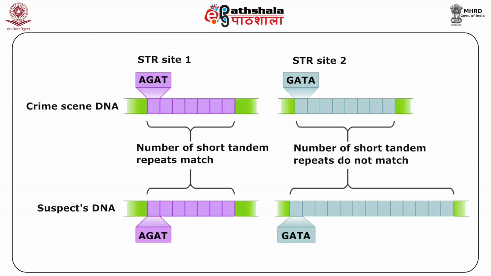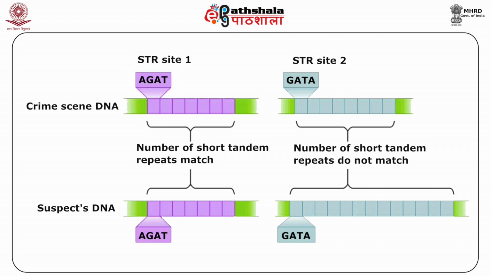The figure shows different STRs on two samples, one received from the crime scene and one recovered from the suspect. Comparison of the crime scene and the suspect DNA shows that this AGAT in the crime scene sample and AGAT in the suspect's sample is the same.